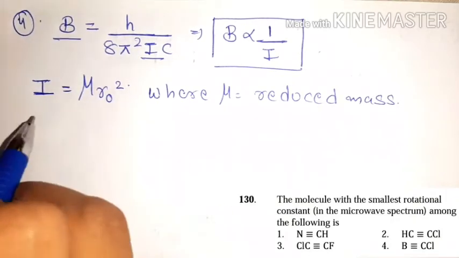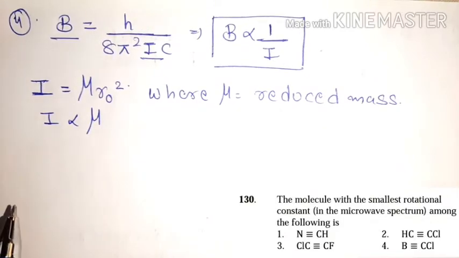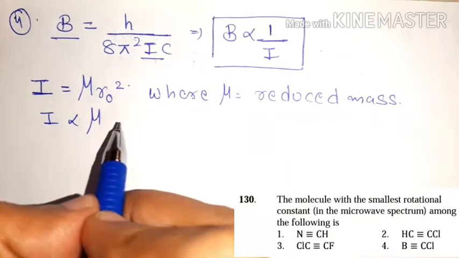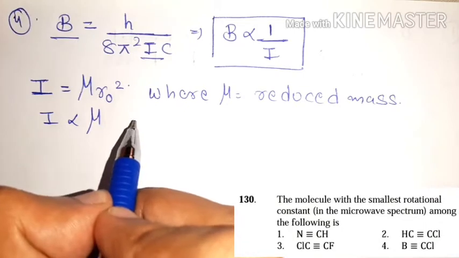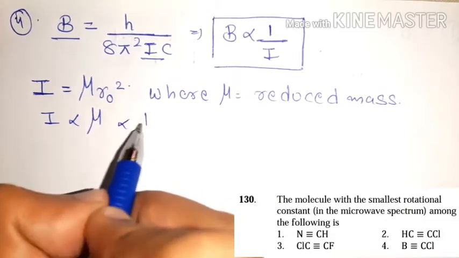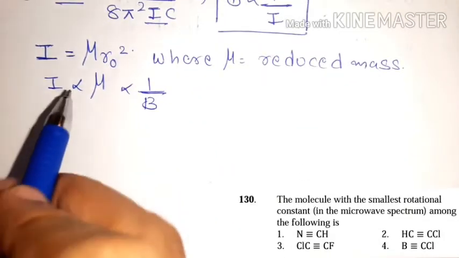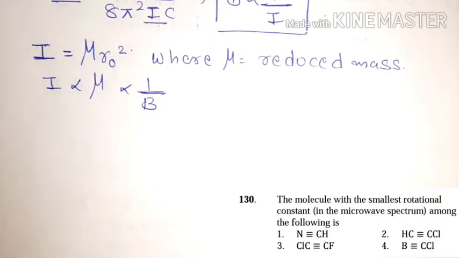So the moment of inertia is directly proportional to reduced mass. From this relation you can also conclude that the reduced mass is inversely proportional to the rotational constant.